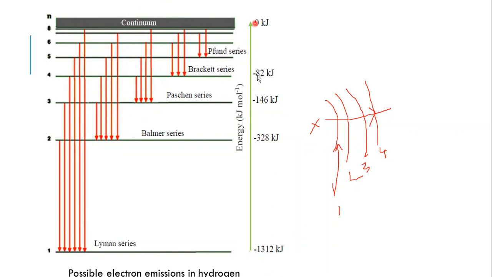When it reaches infinity, the energy is increasing. So for the possible electron emission in the hydrogen spectrum, there are five series.